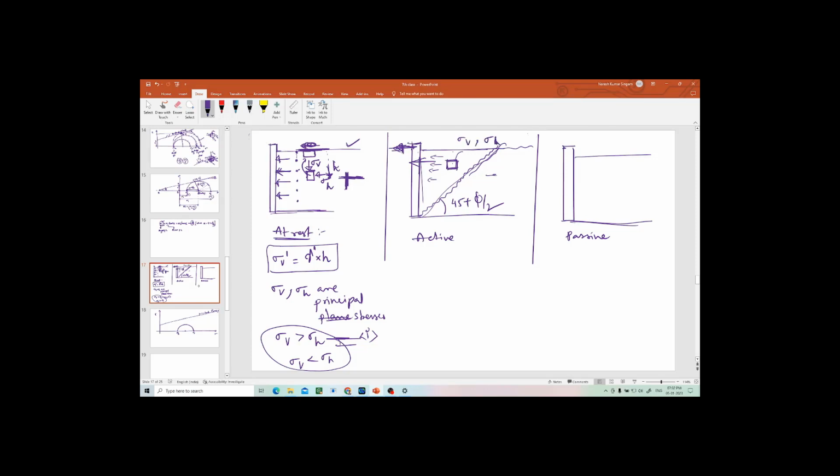So first sigma v will change, sigma h will change, or both will change, or none of them changes. Can somebody tell me what is the answer? Now the wall is moving in this direction. Can you just choose one of the options, or two of the options, anything is fine.